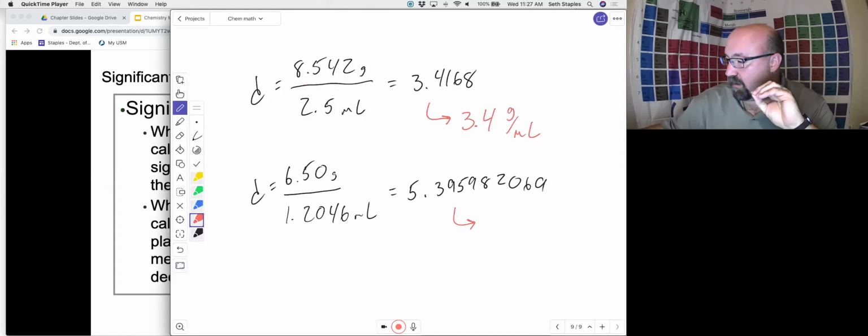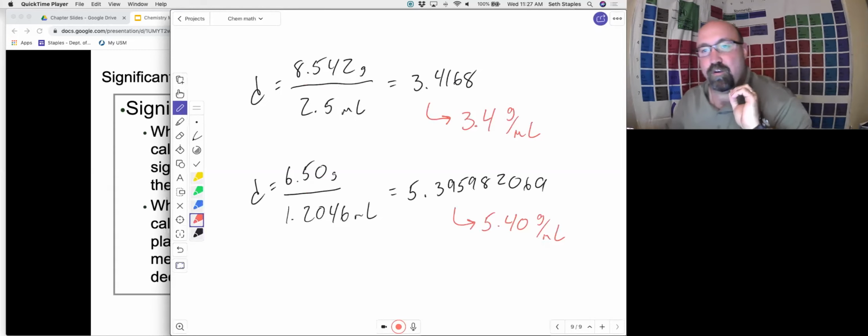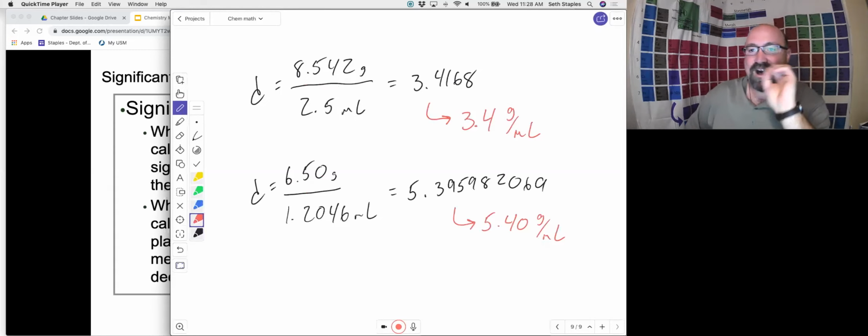So we're going to get 5.40 grams per milliliter. And so when multiplying or dividing, simply find the least number of significant figures from your measurements and round your answer to that amount.